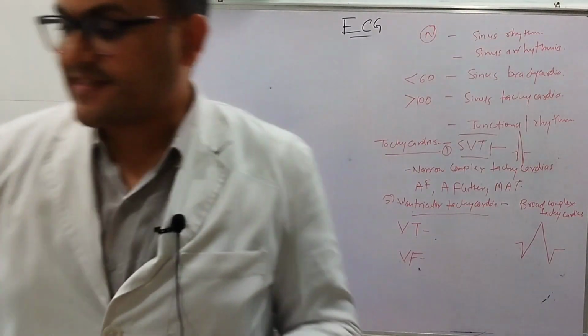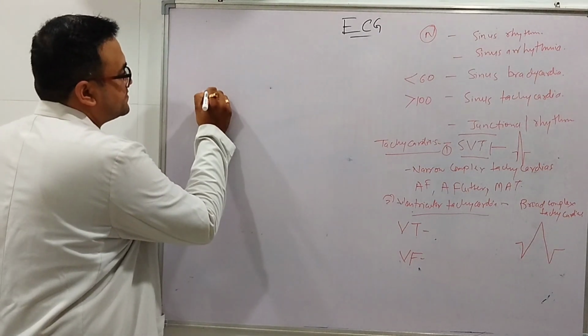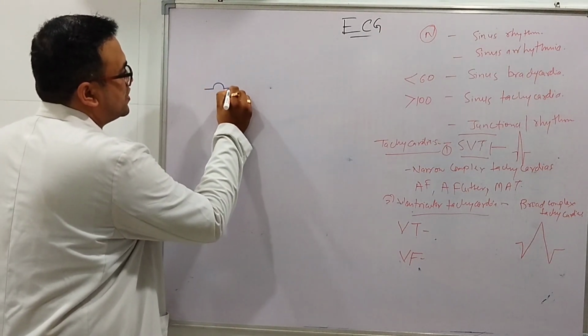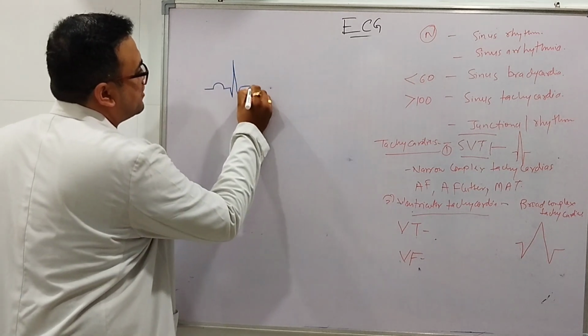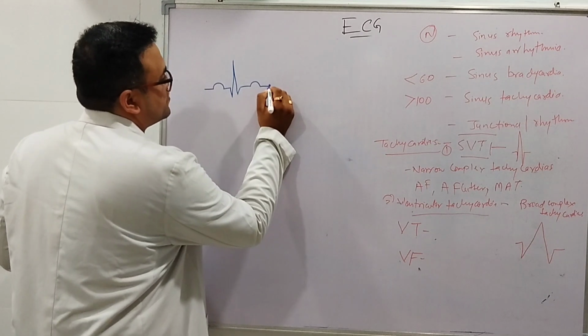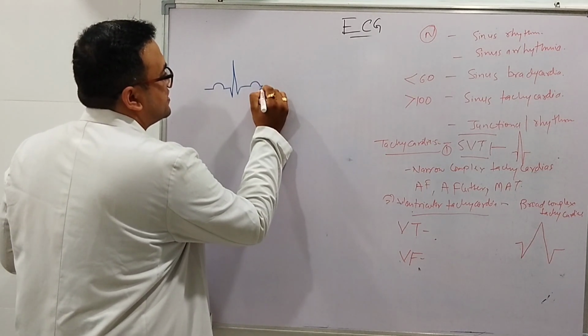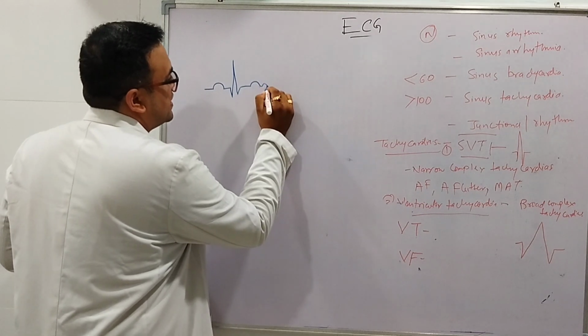Now we come to extrasystoles or ectopics. Sometimes in ECG we see extrasystoles or ectopics like this. There is an early P wave.